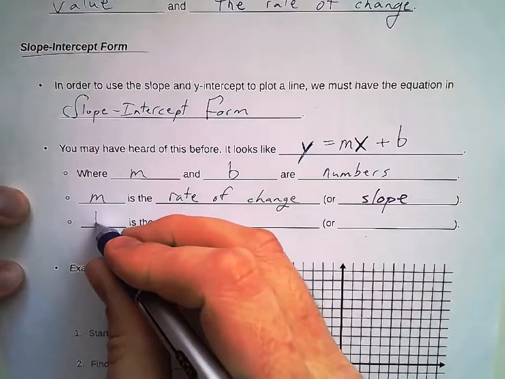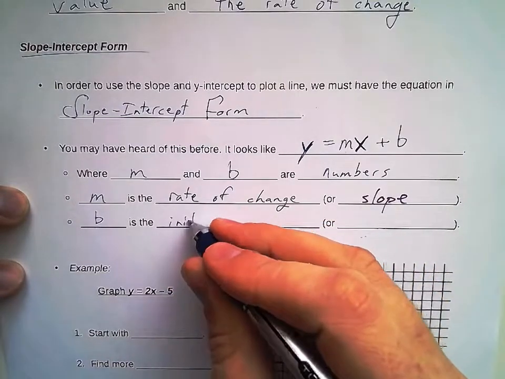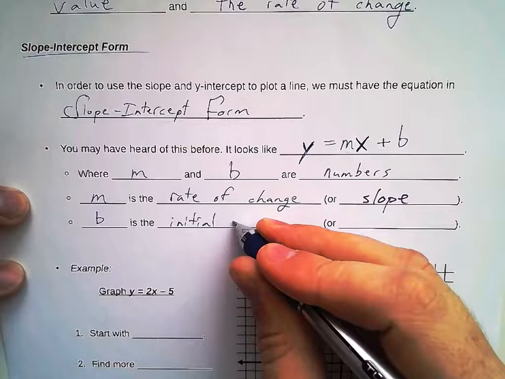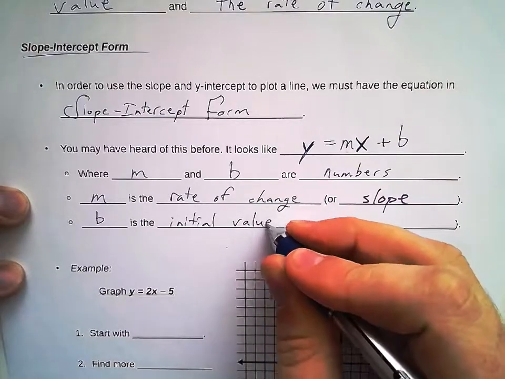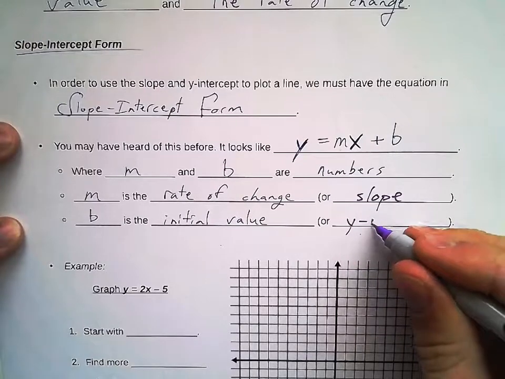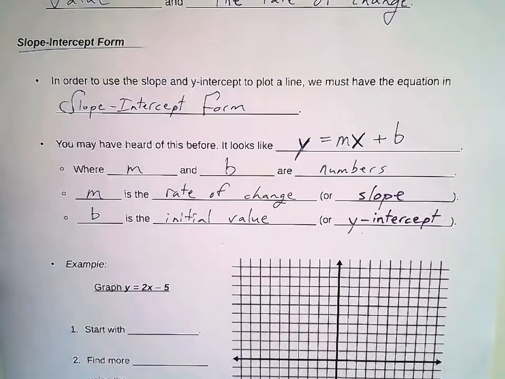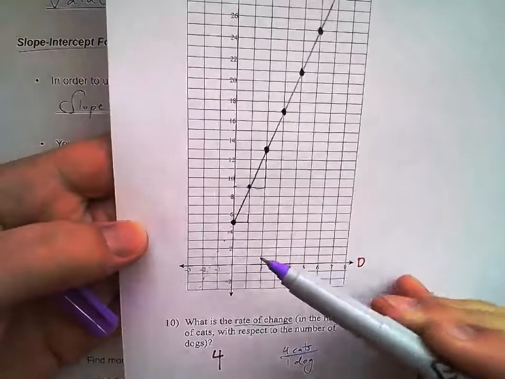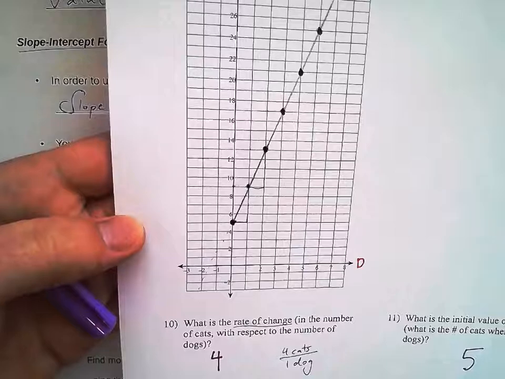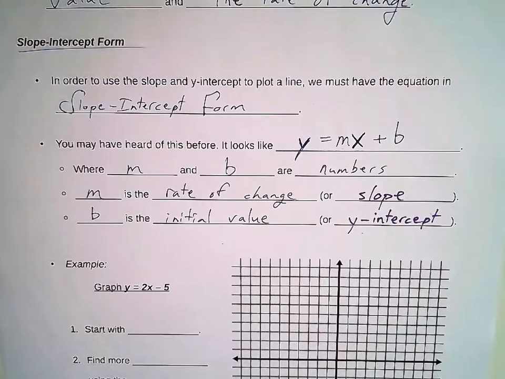And b is the initial value, also called the starting value, or on a graph, the y-intercept. So on this graph, 5 was the y-intercept because that's where it crosses the y-axis.